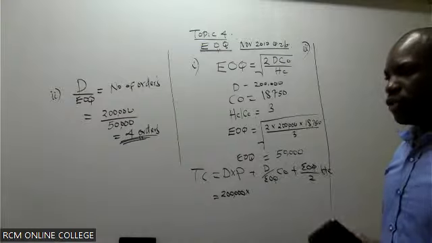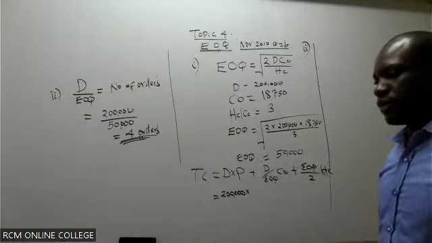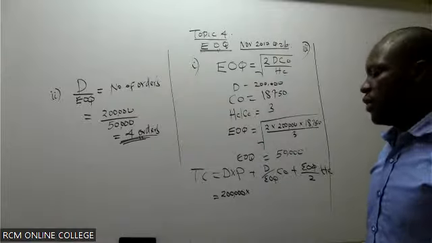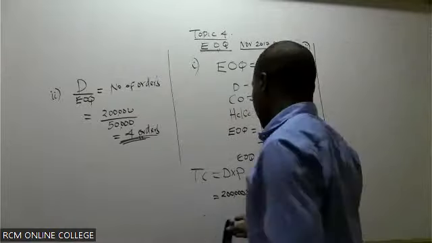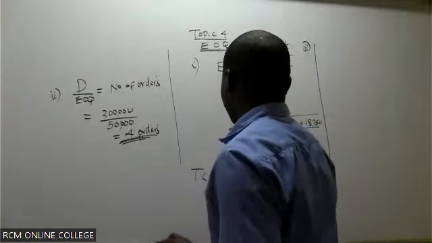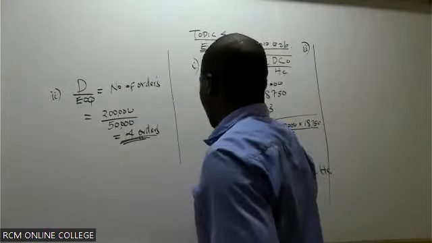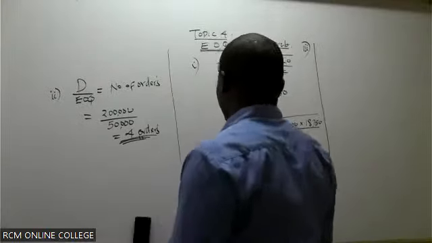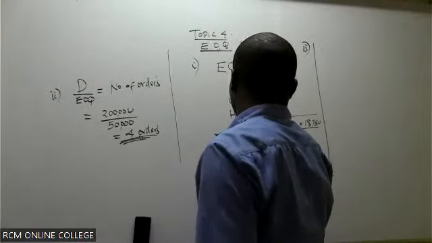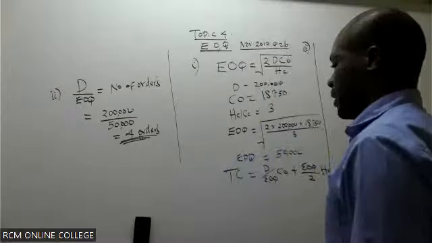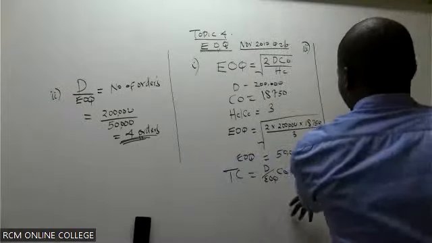The amount you're going to pay to the supplier. Do we have it anywhere? No. So if that is not given, we change our formula, and we do away with where we are required to use the purchase price. So this is what is going to remain here.